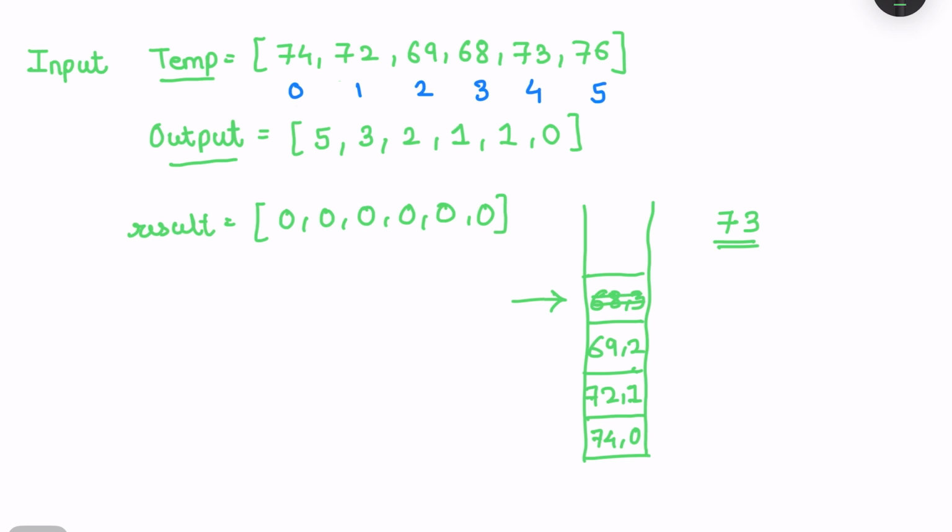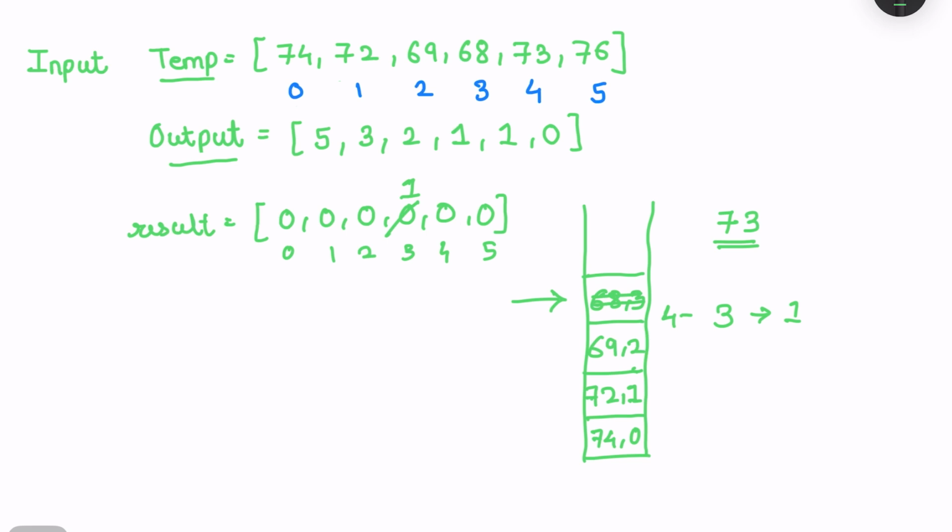The index for 68 is 3, the index for 73 is 4. So 4 minus 3 gives me 1. So in the result, at index 3, I'll put 1.